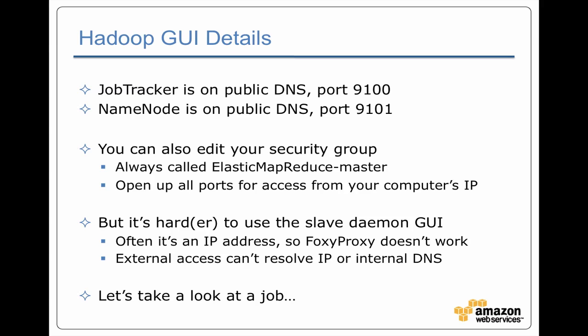Once you've done that, you're able to use the Hadoop GUI without having to fire up a proxy. However, you are opening up at least a view to your jobs to anybody who happens to be randomly sniffing around and finding open ports on random EC2 servers, which isn't too likely, so I often do this, but it's up to you whether you want to do it or not.